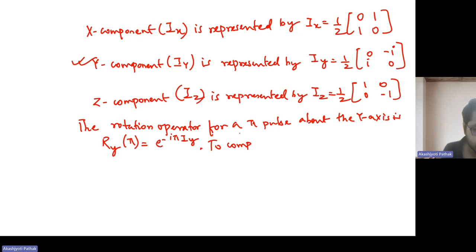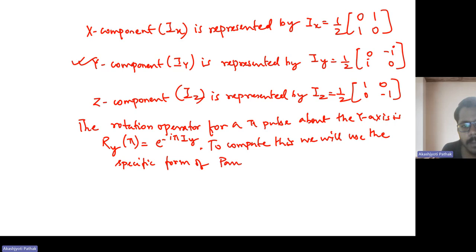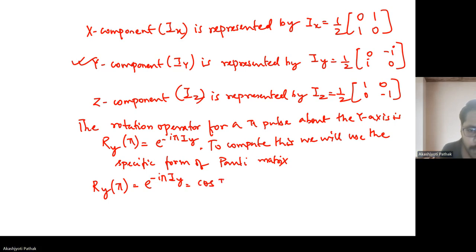So R of pi is equal to e to the power minus i pi Iy, which is equal to cos pi by 2 times I minus i sin pi by 2 times Iy.